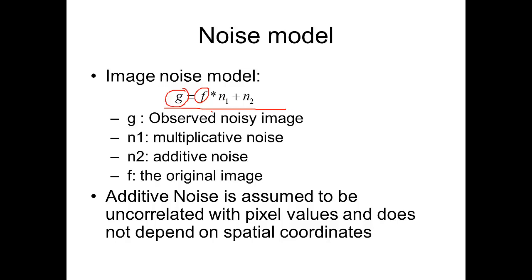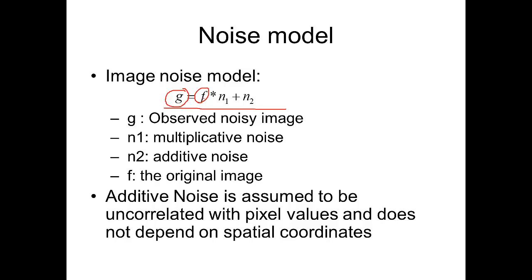If your system is perfect, so that no noise happens, g will equal f. But for any image equipment, noise always happens, so we can express it with this model.